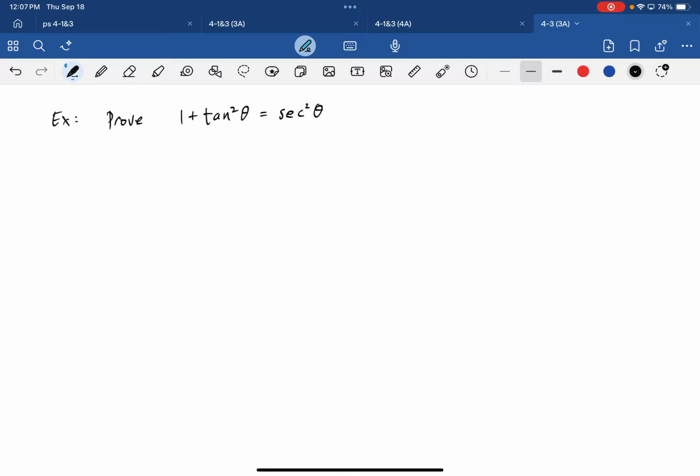Ideas? Subtract tan squared on both sides, and then you get 1 equals secant. Draw a triangle.